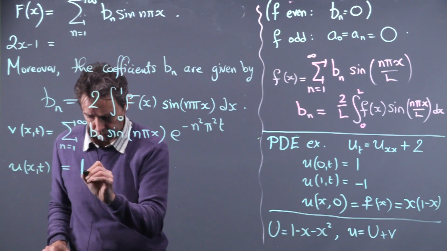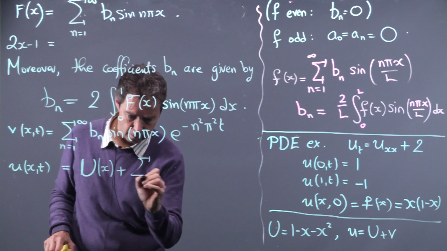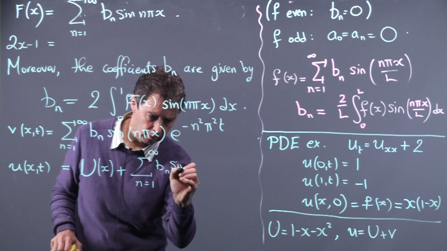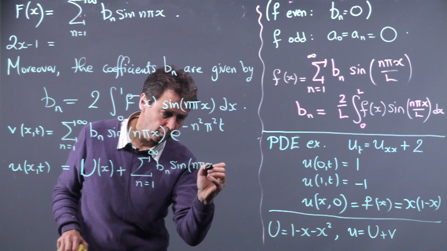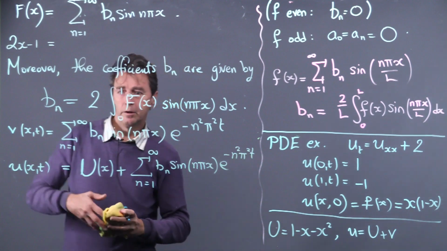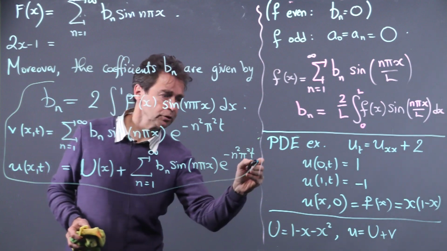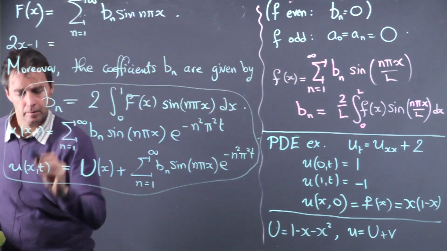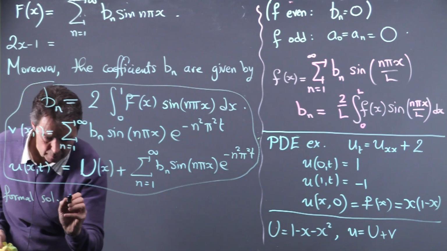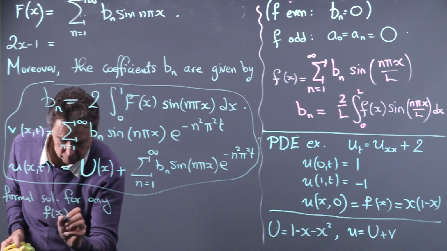Let's just write that as a big U. So this would be the formal solution for any f of x, any initial condition.